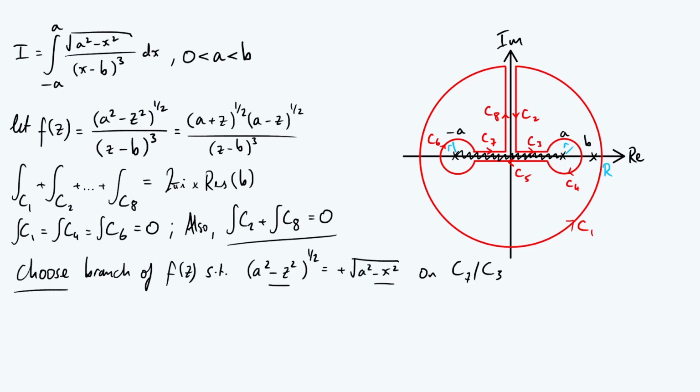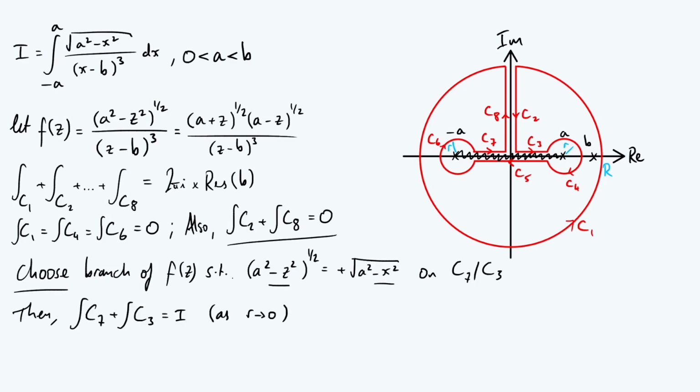Now, it's totally fine to just choose f of z this way and force it to be positive in this particular region of the complex plane, as long as we're consistent about the sign that f of z has in the various other regions of the complex plane, in particular along the line C5 and at the pole, which is x equals b, or z equals b on the real axis.